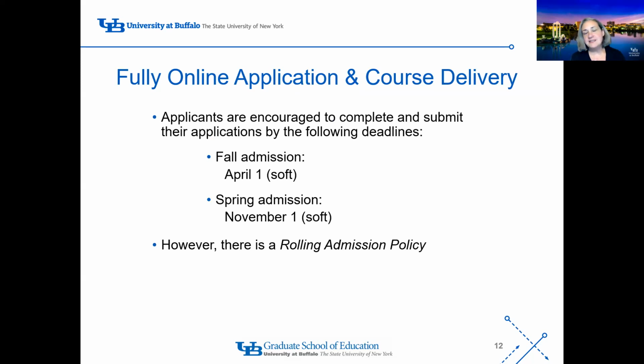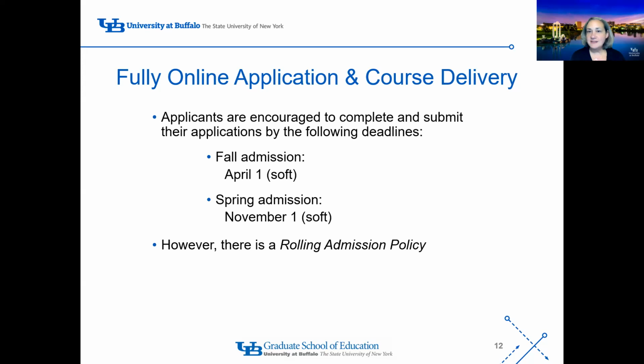So we do have application deadlines. They are usually rolling, but the last couple of semesters, we were so inundated that we had to close the applications at the end of the application window. So we strongly encourage you to apply early if you haven't already applied to the program.